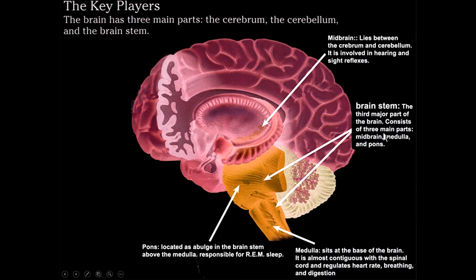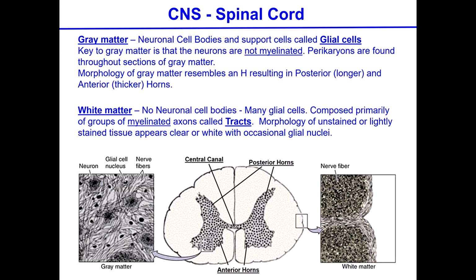The brain stem, this portion here, is the beginning of the spinal cord, and there is a bulge that you can observe in it, the so-called pons. The deeper portion of the brain stem is called the medulla, and it's involved in different physiological functions related to breathing, heart rate, digestion, and so on and so forth.